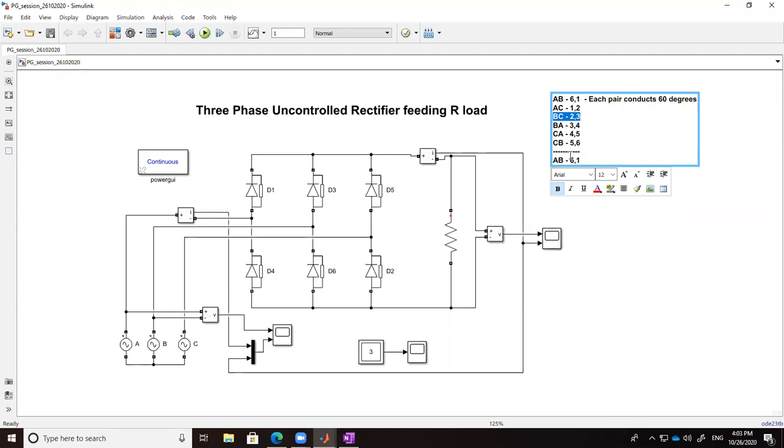Once again, A phase comes into the picture during the next 60 plus 60 degrees. So that means I can say that one phase conducts for 120 degrees only. Okay. Is it fine? One phase conducts for 120 degrees. Then it remains off for 60 degrees. Once again, it conducts for 120 degrees and then it remains off for 60 degrees. Fine.